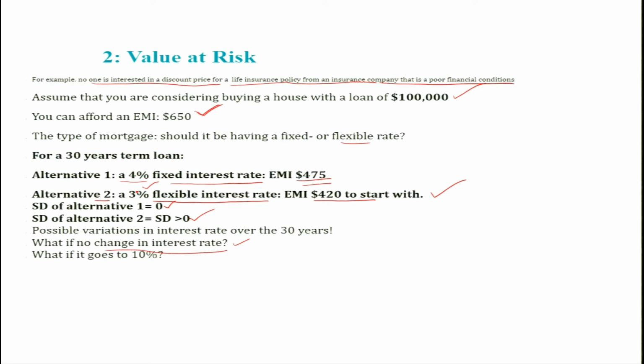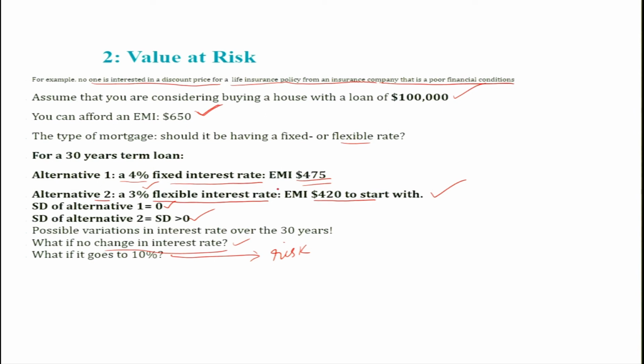Even if it decreases, say to 2%, it is even better. What if it keeps on increasing? Think about the scenario where the rate of interest increases. That is where the risk is, for example when it goes to 10%. The initial monthly payment looks attractive, but the market rate may keep on increasing.